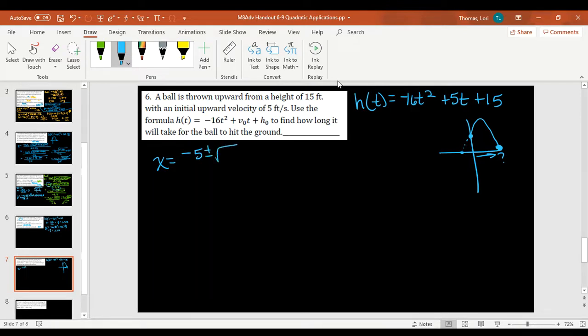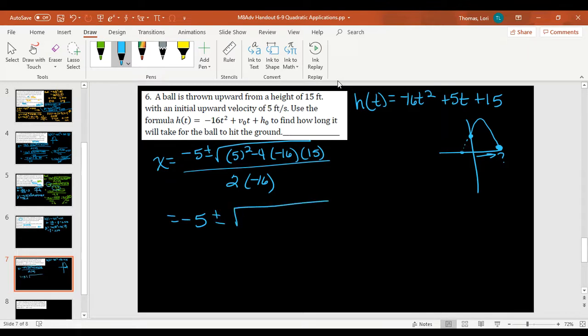So we have negative b plus or minus the square root of b squared minus 4 times a times c, all over 2 times a. Negative 5 plus or minus, well, we know 5 squared is 25. Now we have a negative times a positive, so that gives me a positive.